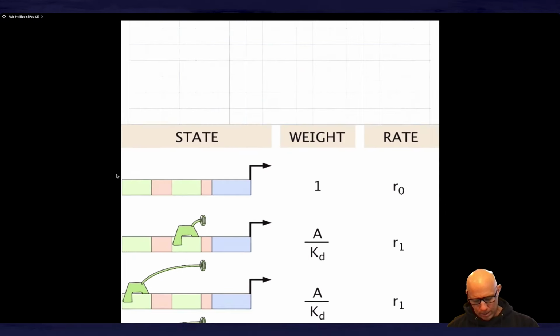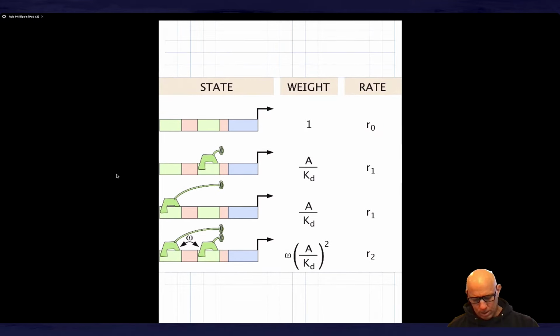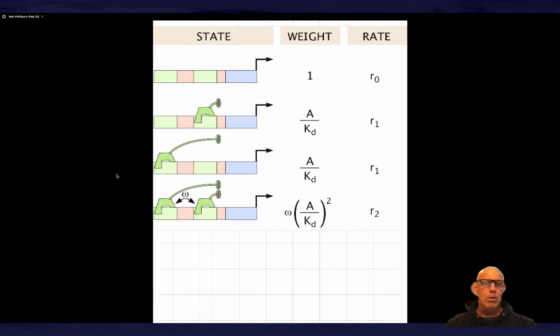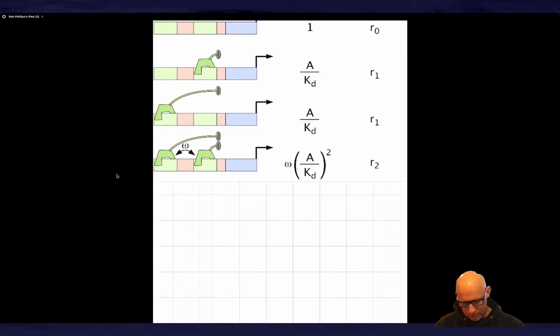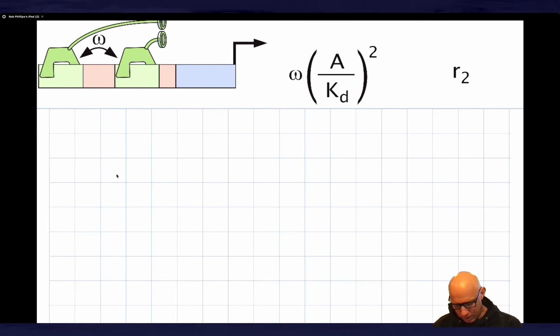And what we're going to do is use the statistical mechanics protocol to write down the states and weights, and then I'm going to write a production equation. In other words, I'm going to assert that the number of activators at time t plus delta t is equal to the number of activators at time t, minus those that decay during the time interval delta t.